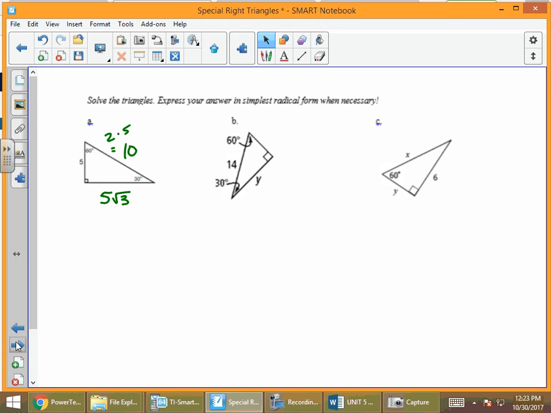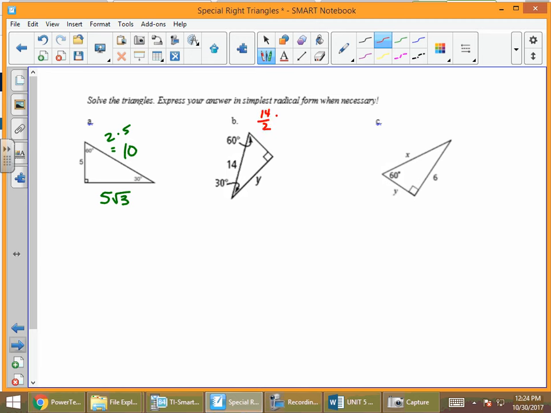We look at B. Were we given the short side, the long side, or the hypotenuse? Hypotenuse. So, again, which side, if we're not given it, do we have to find first? The short side. What do we have to do with the 14 to get the short side? Divide by 2. Hypotenuse to short, divide by 2.